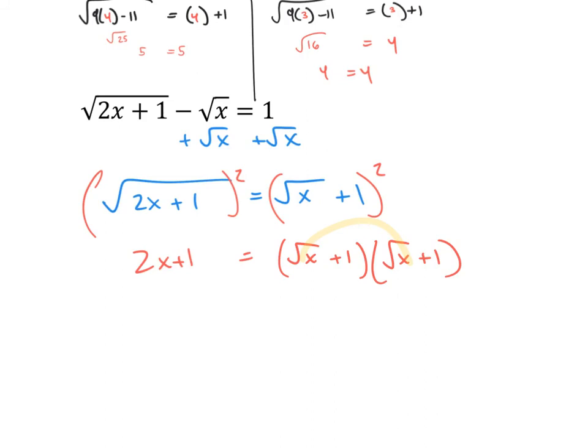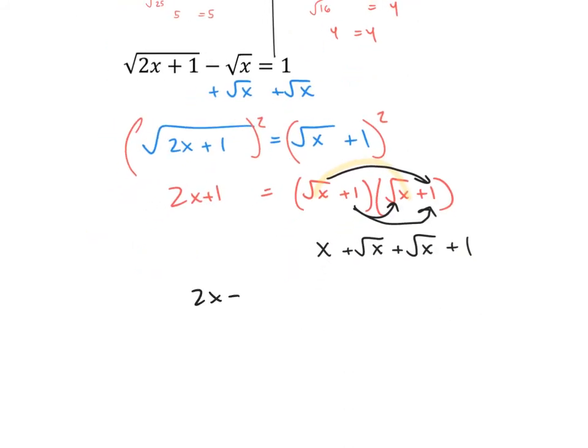We learned that last chapter. Square root of x times 1 is square root of x. Another 1 times the square root of x is square root of x. 1 times 1 is 1. So now this left-hand side has turned into x plus 2 square root of x plus 1.